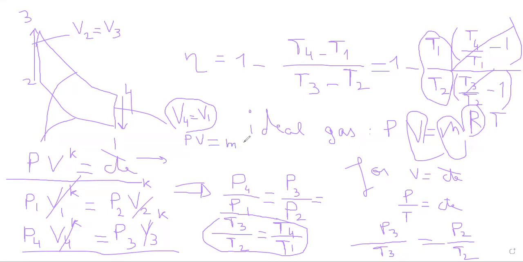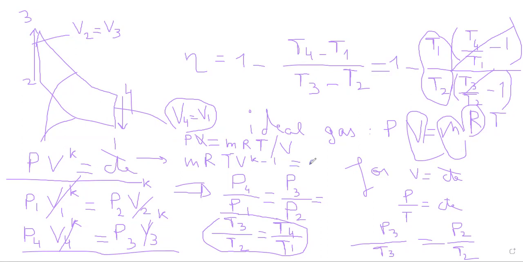So PV equals mRT. This means that I can replace pressure in my expression here by mRT over V. So if you replace P by mRT over V, you get m R times T times V to the power k minus 1 equal to a constant.